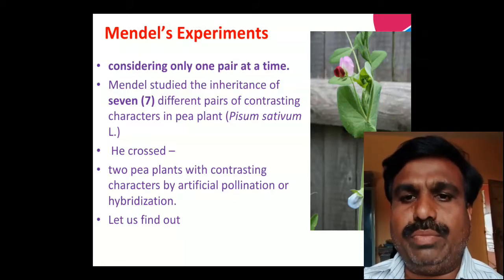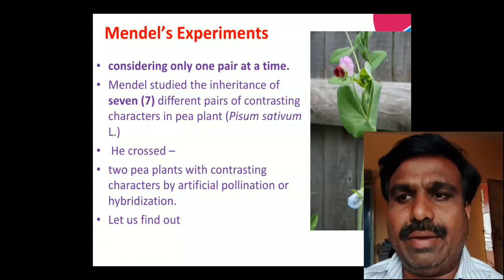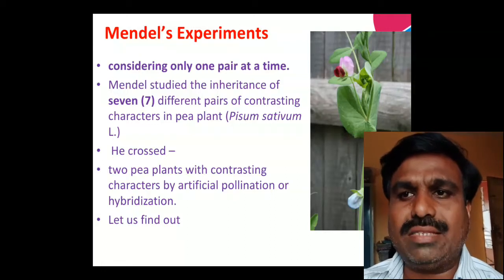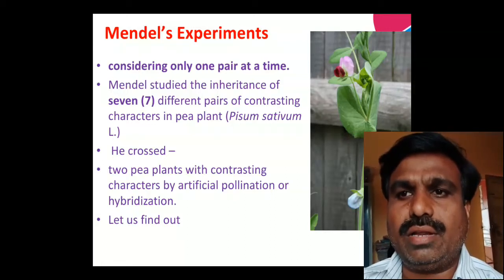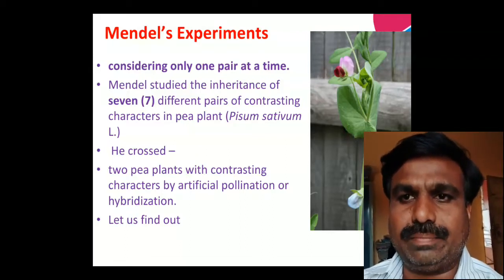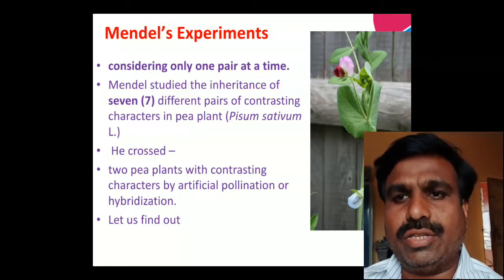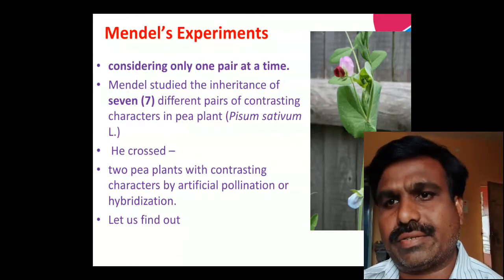During the study of the entire plant, Mendel observed that in the garden pea plant Pisum sativum, 7 different pairs of contrasting characters are present, and he studied the inheritance of these 7 different characters.